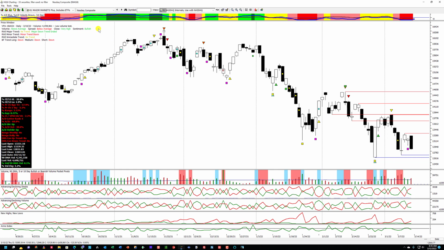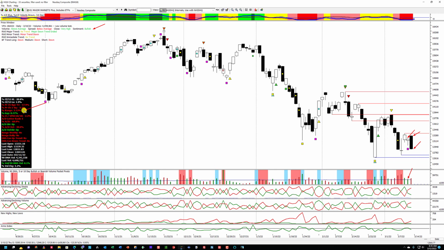And there was. If you look up here at the top, I'll put my arrow on here, sentiment on that day was bullish. Why? Because there was a low volume test. This volume's lower than the preceding days, and it closed near the high of the day, and look where it opened. There was optimism at the open, but by the time the market closed, it closed near its daily low.